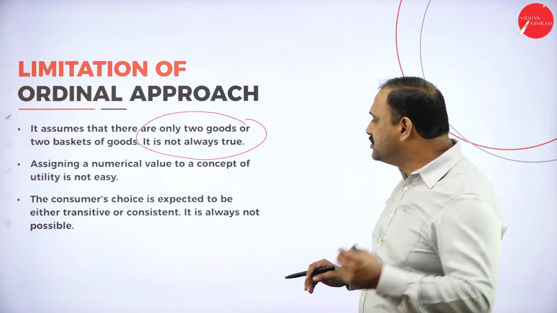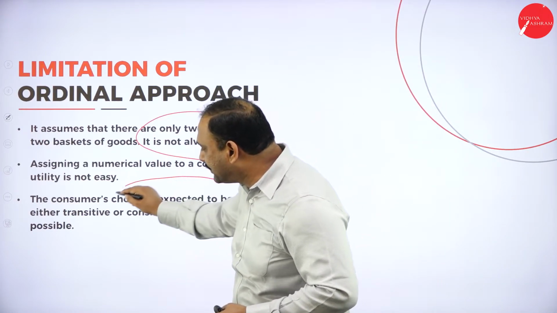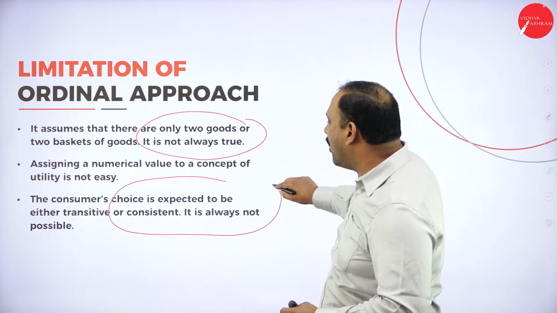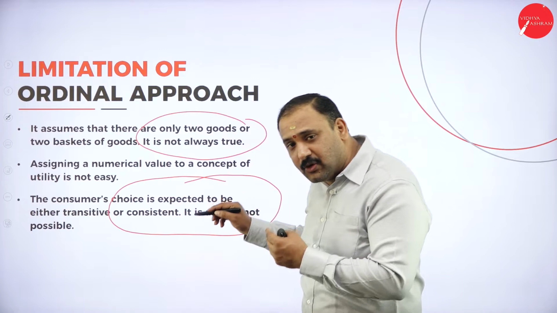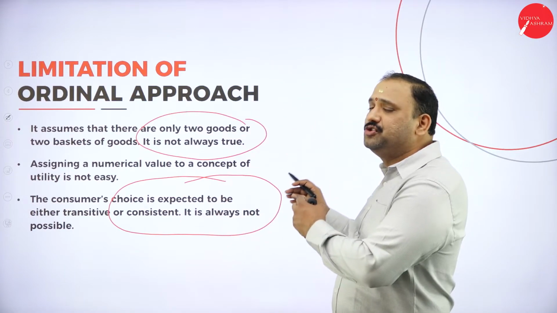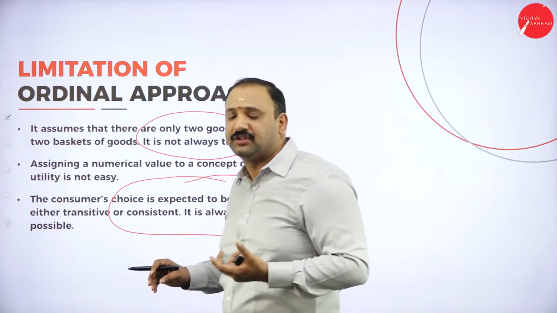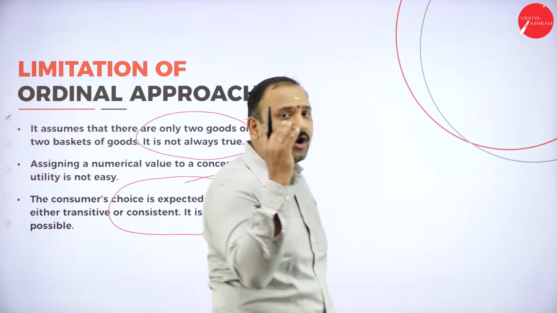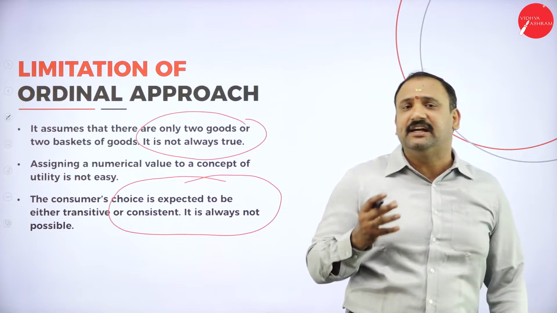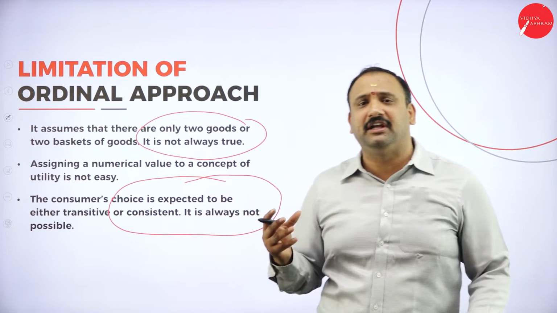Followed by, the consumer's choice is expected to be transitive, or it is inconsistent. Now that is not always possible. Why? Because the consumer will never be consistent with his choice. The consumer's choice will depend on his mood, on other people's ideas and advice, and other kinds of loyalty factors.